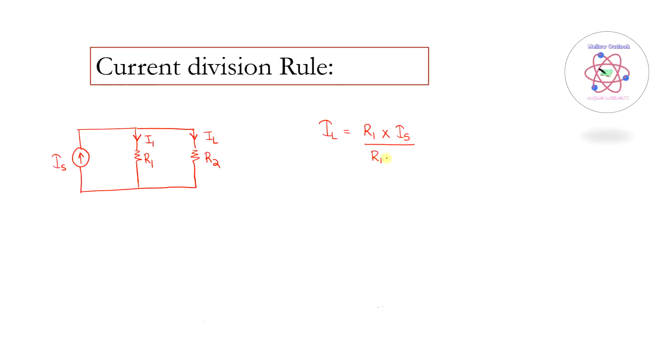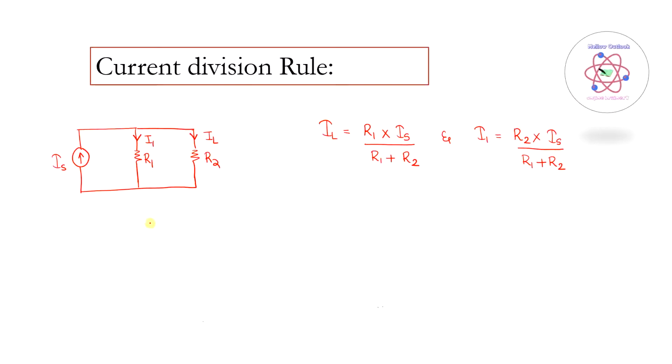So you have resistance R1 plus the resistance R2. Similarly, if I am to compute the current I1, I can compute that as the resistance in the opposite branch, that is resistance R2, multiplied with the source current IS, divided by the sum of the resistances R1 and R2 in this particular case.